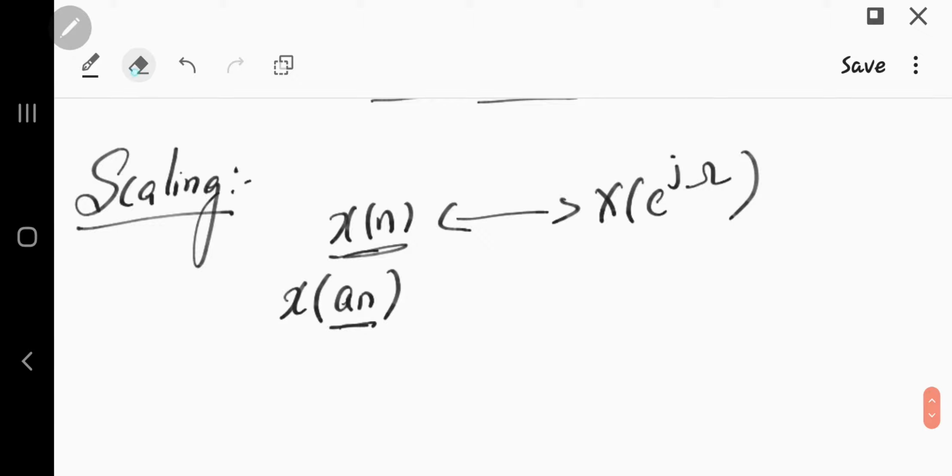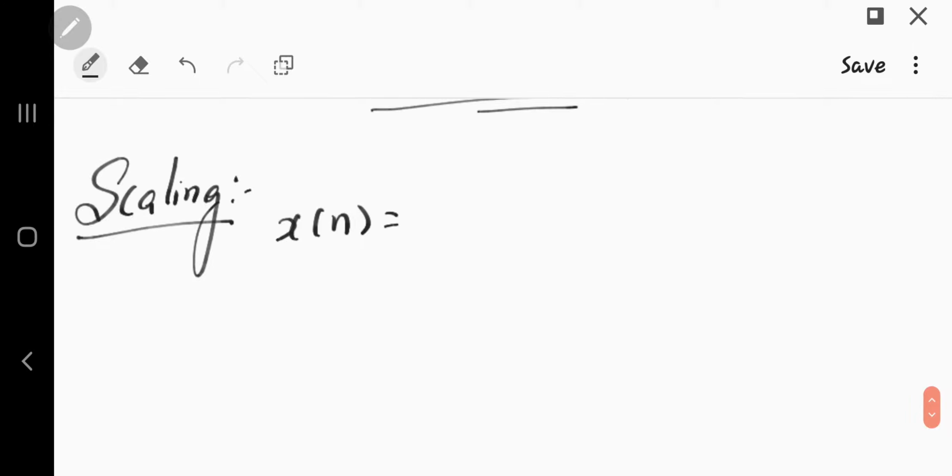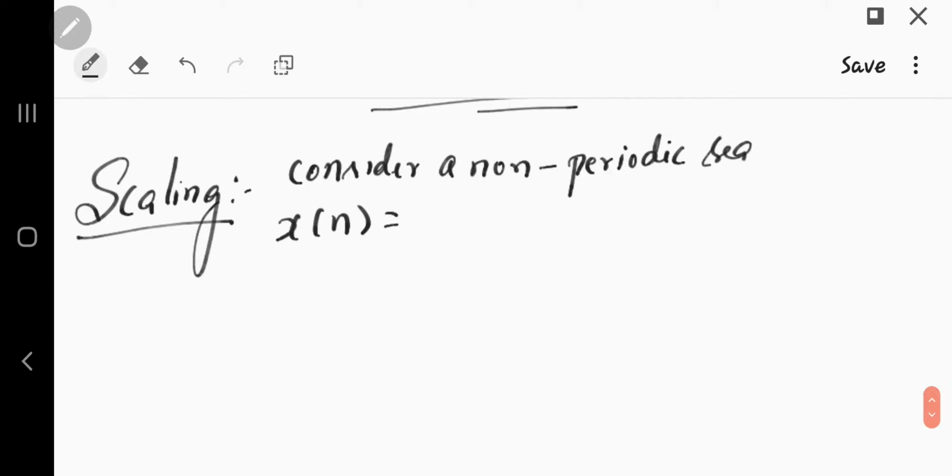So, since it is a non-periodic sequence we are considering, before going to the proof, we have to consider this. We consider a non-periodic sequence x of n. I'll write it down. Consider a non-periodic sequence.